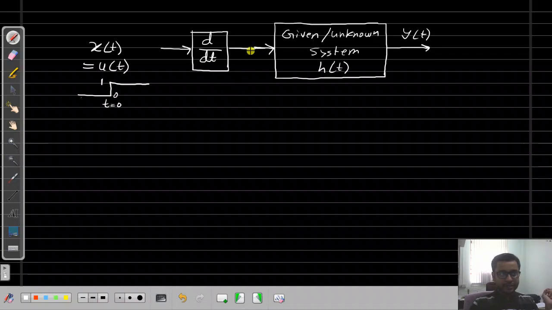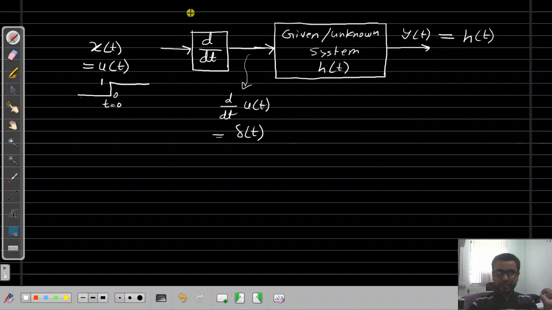In theory here we shall have d/dt of u(t), which is the same as delta(t). Derivative of step function is the impulse function, unit impulse function. Therefore what shall we get here? h(t).